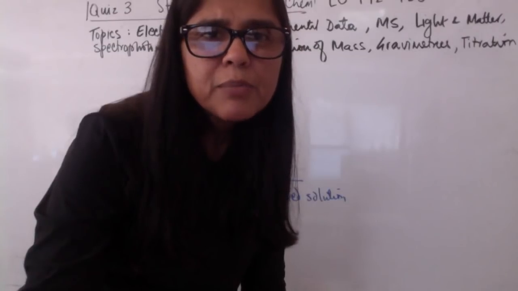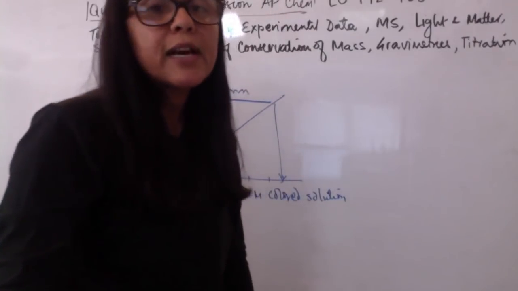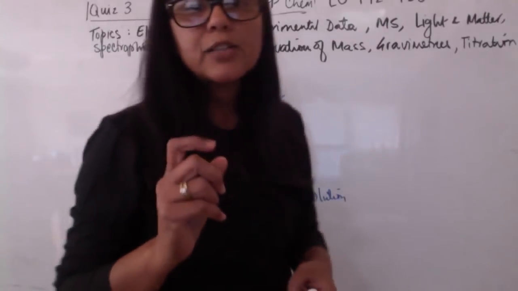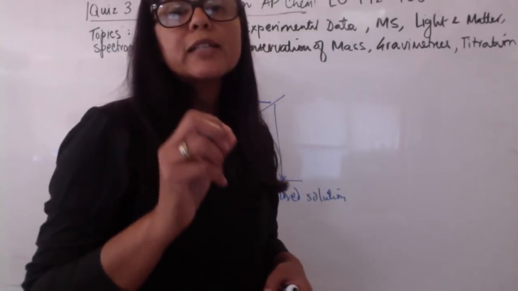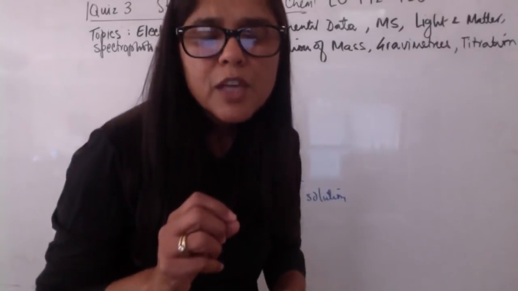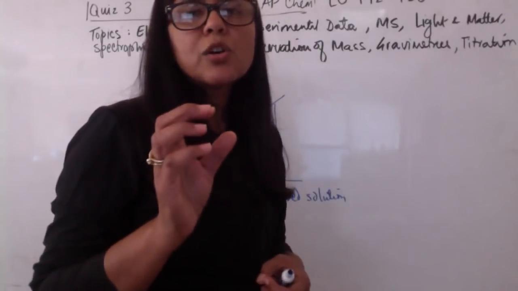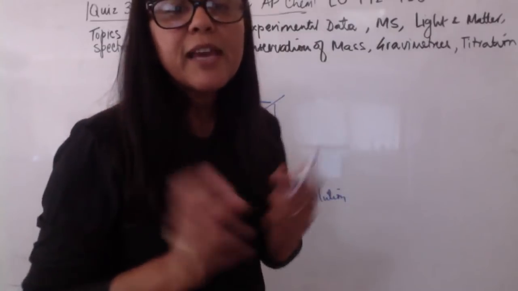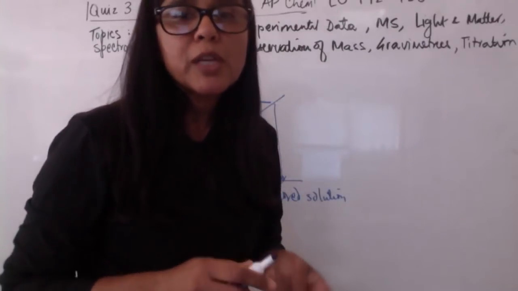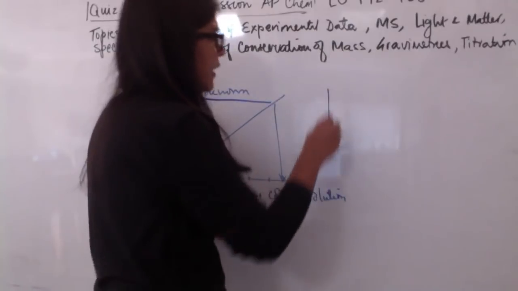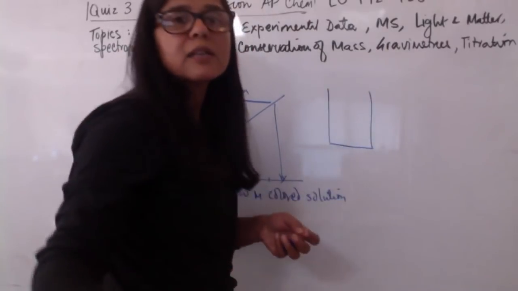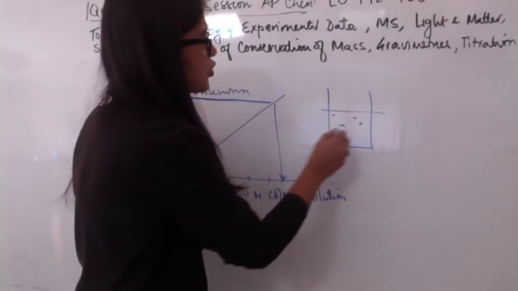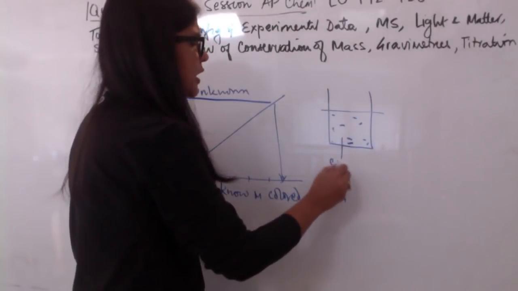7A, presence of air bubble. I just went over 7A, guys. If there is an air bubble in the titration, then you will get a... oh, I'm sorry, this is not titration. My bad. 7A is about spectrophotometry, presence of an air bubble in the cuvette. Your cuvette has colored solution in it, right?